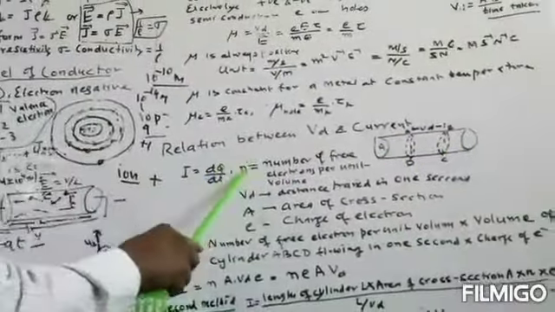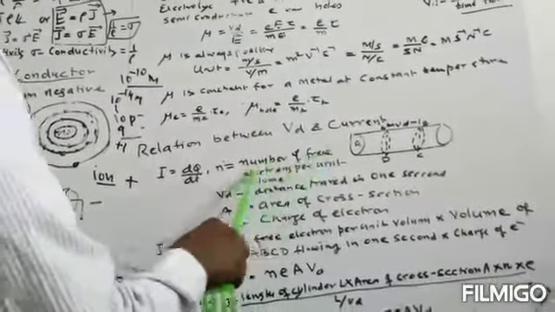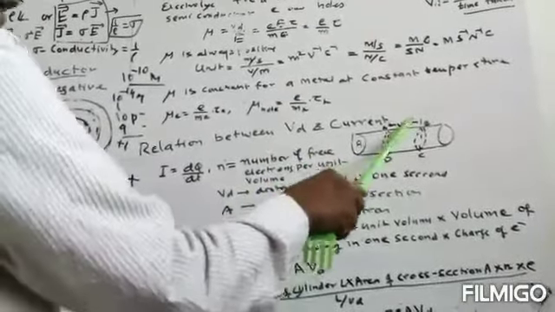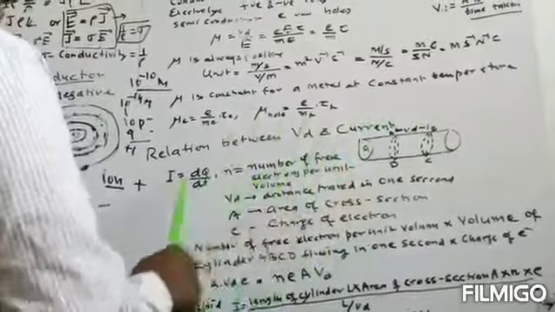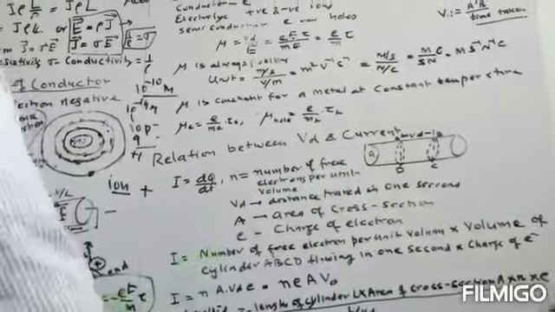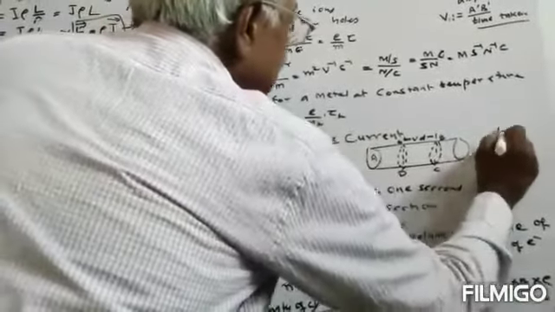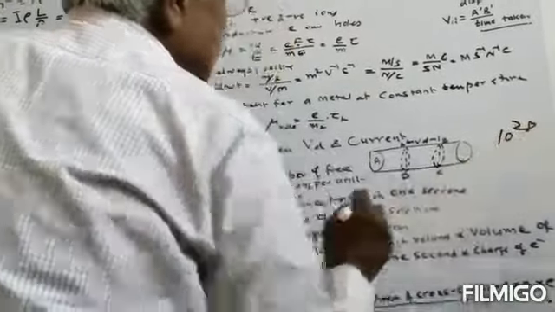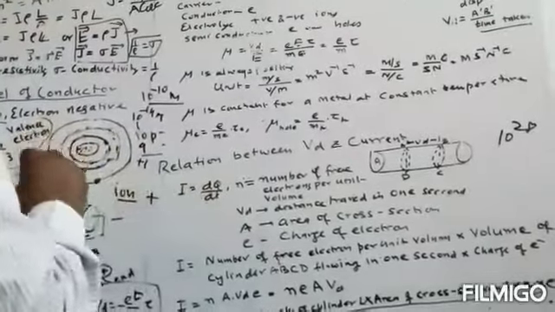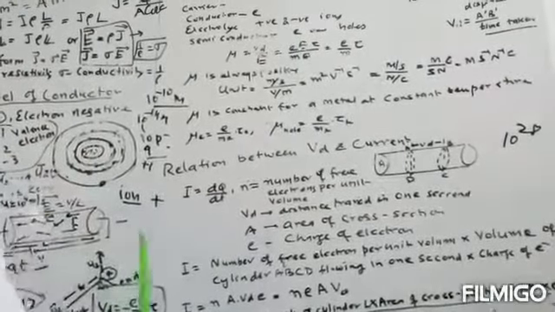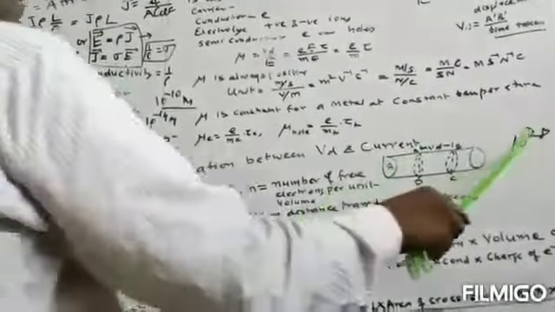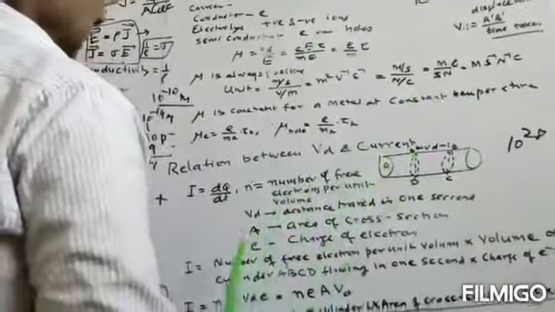If n is the number of free electrons per unit volume in the conductor, which is a very large quantity, and for copper it is of the order of 10^28. So the number of free electrons per unit volume is very large in the case of any conductor.